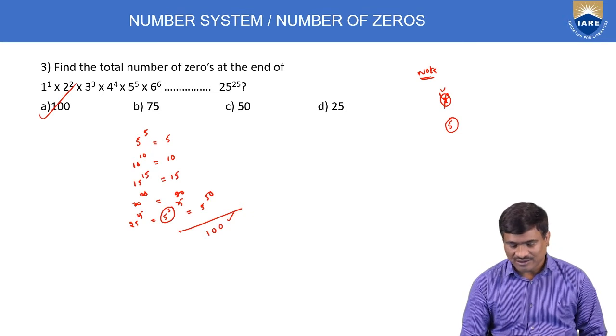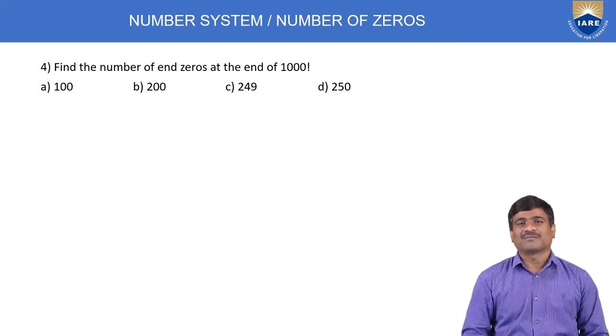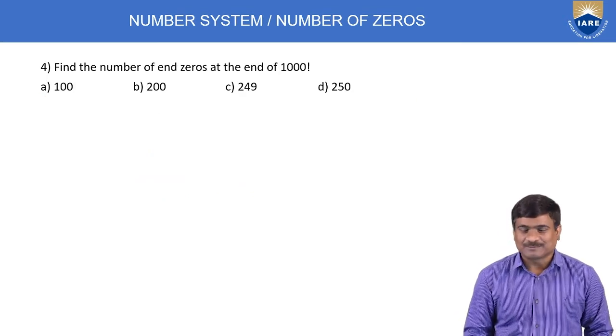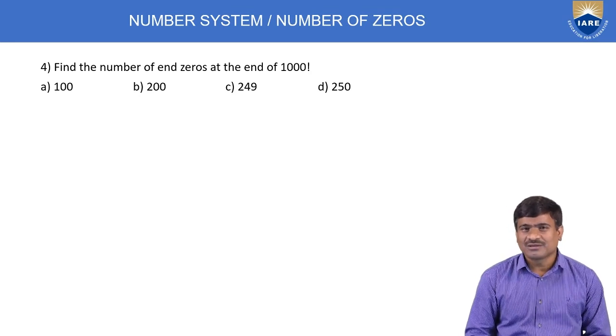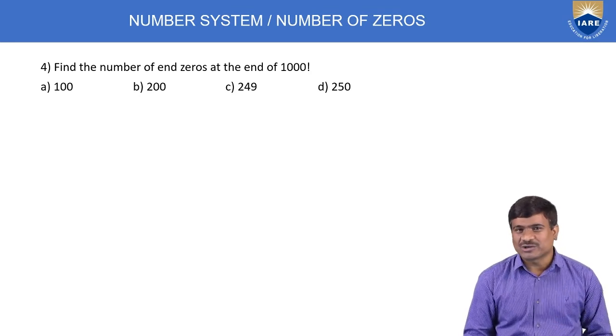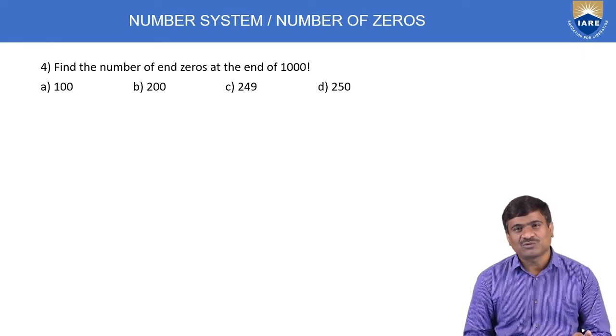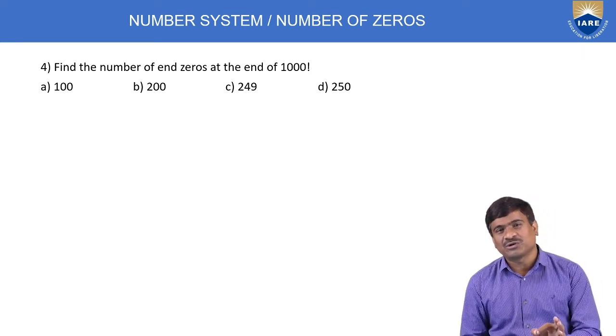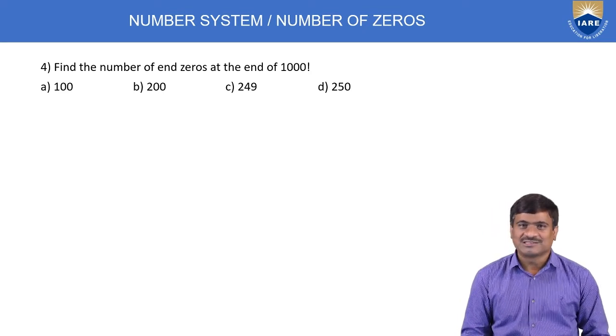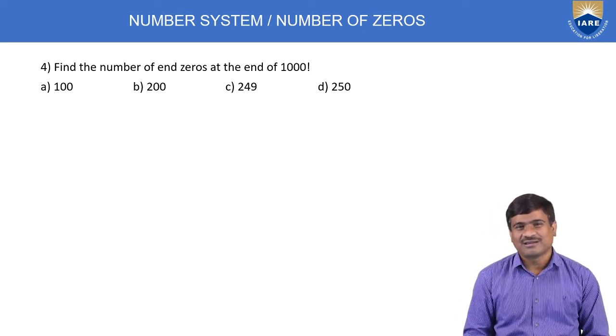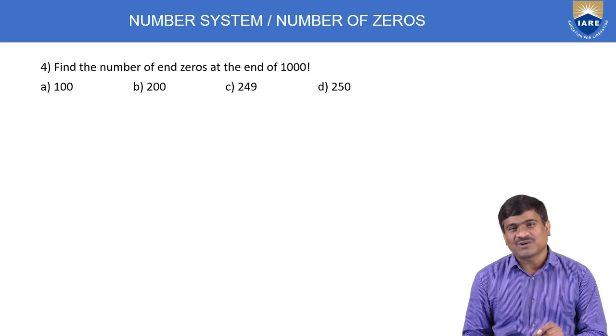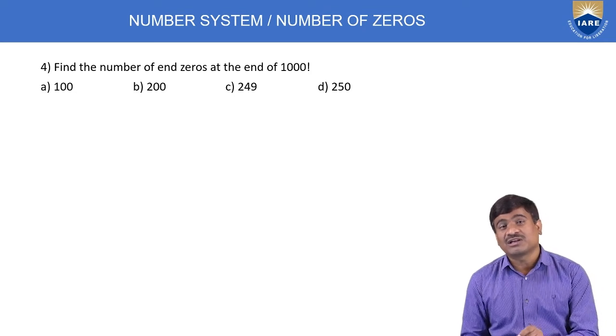Next, fourth example, by using factorial. Note: n factorial means n into n minus 1 into n minus 2, and so on, into 3 into 2 into 1. Example, 8 factorial: 8 into 7 into 6 into 5, and so on, into 3 into 2 into 1.